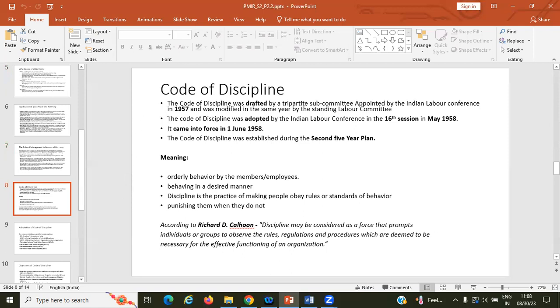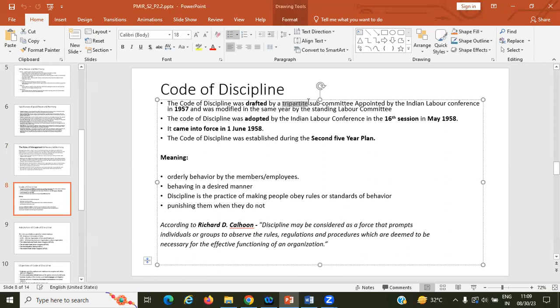You read these first 4 points. The code of discipline was drafted. It was initiated, that means it was written for the very first time by a tripartite subcommittee. Tripartite means, as we understood in the first semester, an agreement between the employer, and the other parties like government and judicial officers.